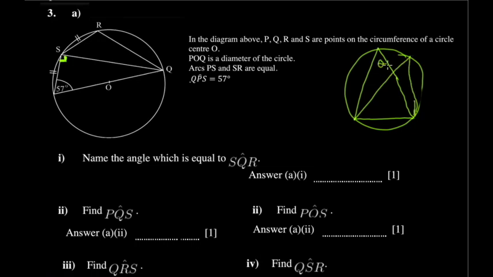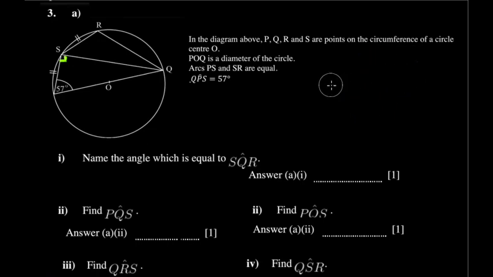If you have the same chord here, these angles must be equal, because they are subtended from the same chord. In the same way, you can have them separately as long as they are the same size. They don't have to be the same chord as long as they are the same size. They're all the same. Okay.